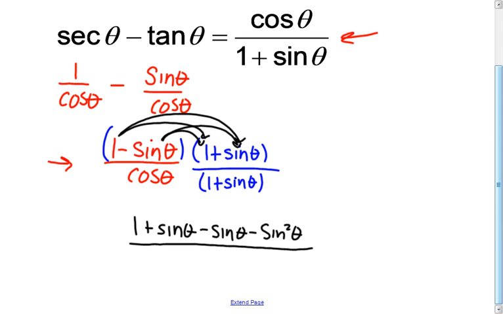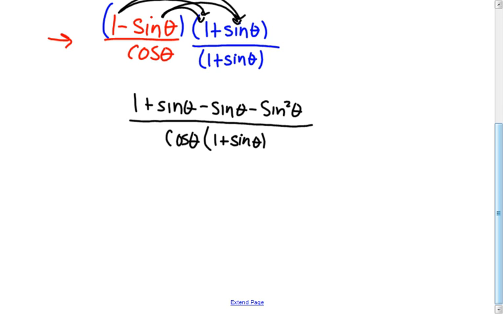Okay. Then on the denominator, I'm actually going to not distribute that out. I'm going to leave it like this. And that's usually what you're going to do in your denominators, is to not multiply it out and leave it. All right, then what happens is your sine and your negative sine will drop. And so I will have this on top.